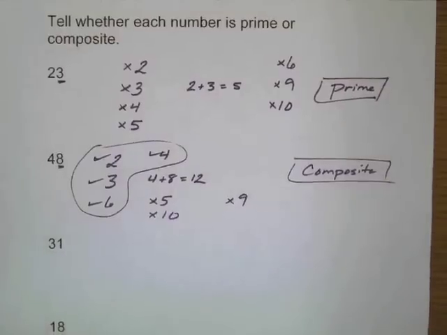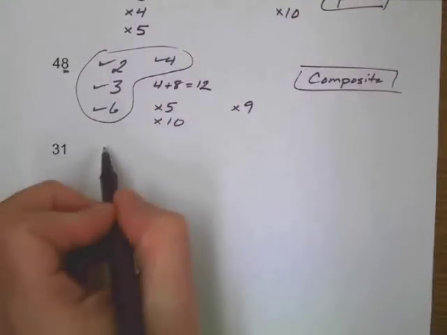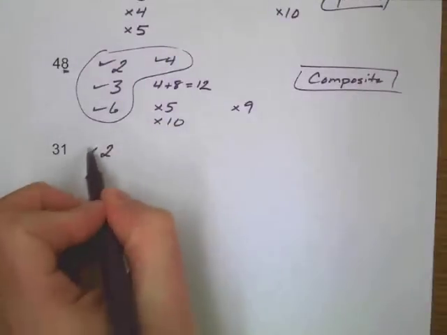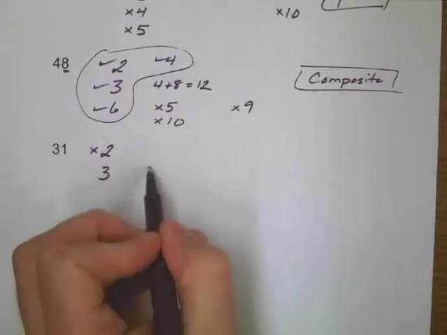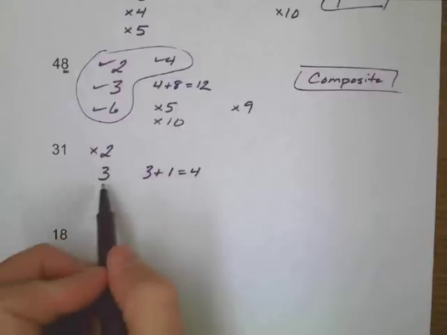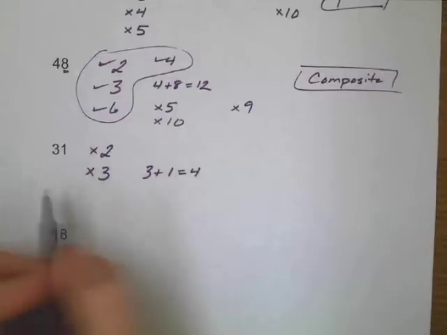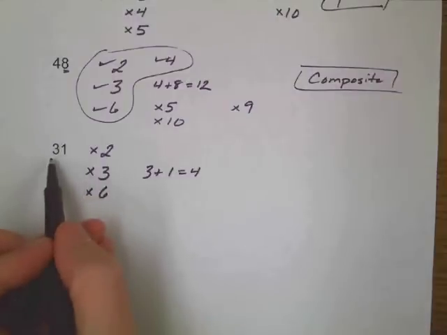Let's take a look at this one, 31. Well, it's an odd number, which means it's not divisible by 2. 3, well, 3 plus 1 is 4. 4 is not divisible by 3, so no. That means I also know it's not divisible by 6. 31 is not divisible by 4.